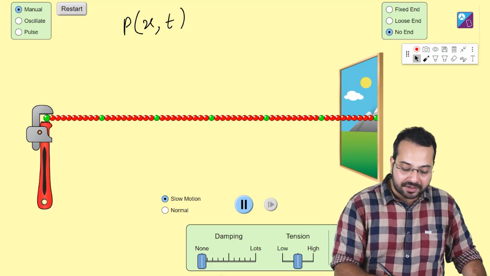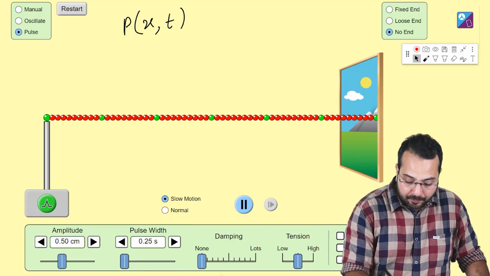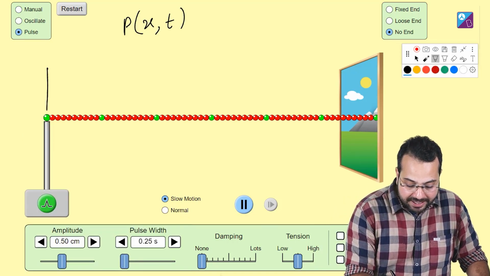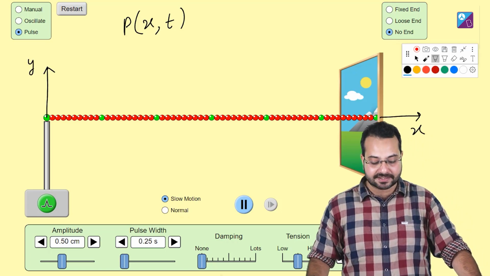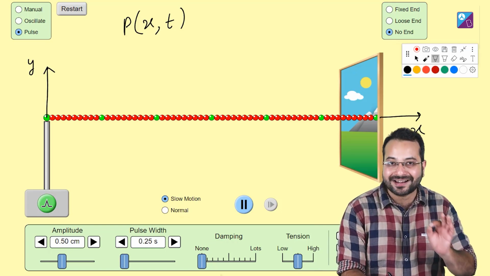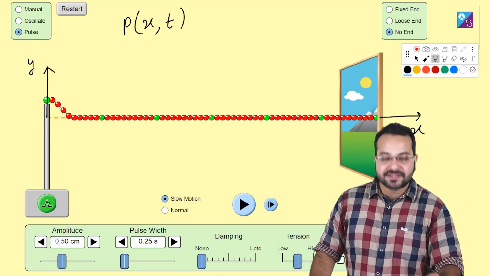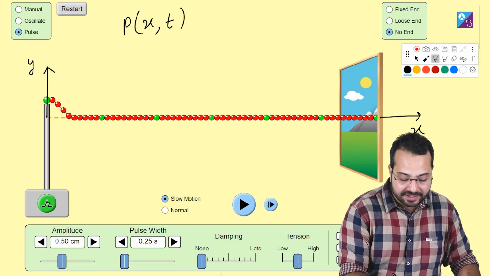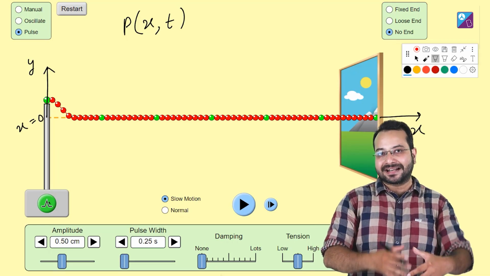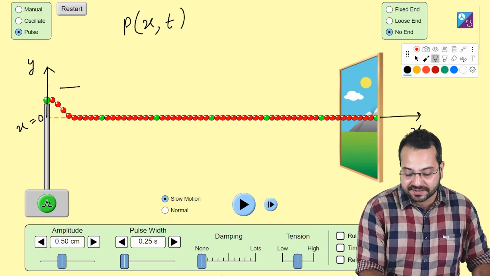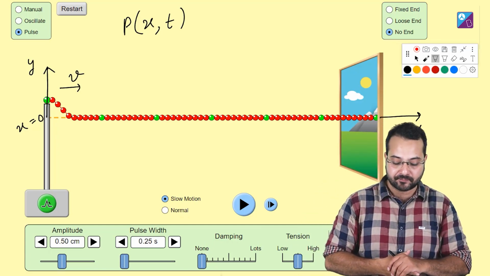So let's try to understand this more formally. For that, again, I'm going to take the y-axis like this, and the x-axis like this. And I'm going to generate a pulse over here and pause. Now this disturbance that has been created is right now at x equal to 0. And let's say that this pulse travels along the string with a speed v, which is called the wave velocity.